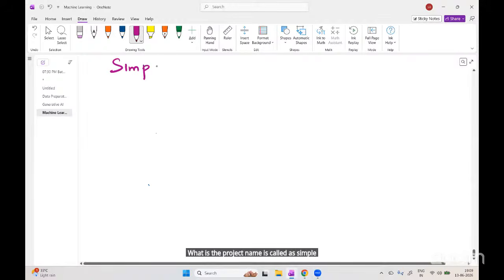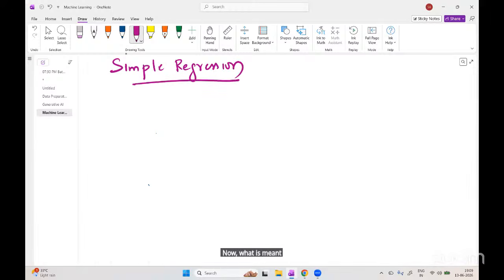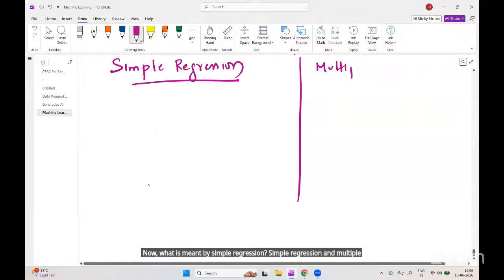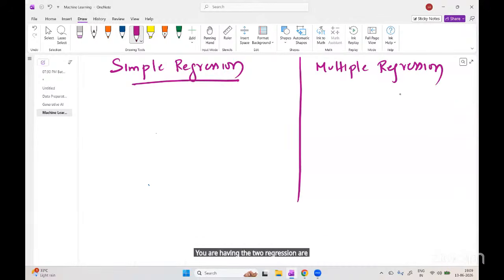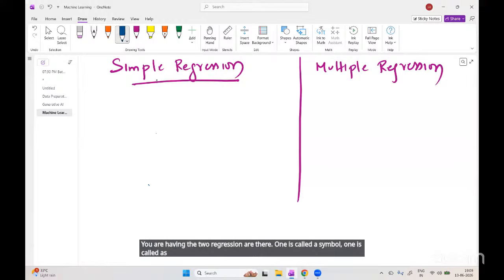Now, what is meant by simple regression? Simple regression and multiple regression. There are two types of regression: one is called simple, one is called multiple. Simple means you have only one input variable.